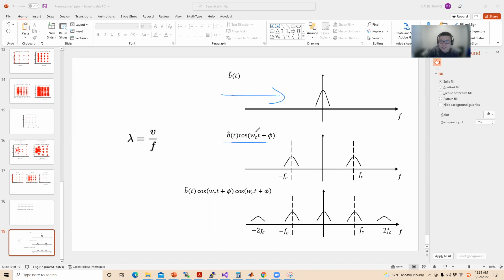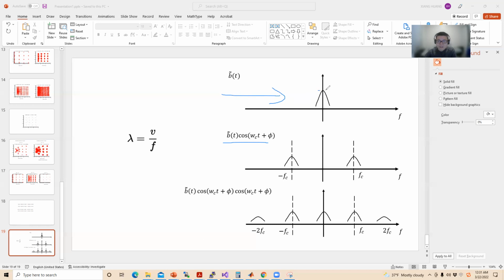Since you have learned the Fourier transform of the cosine function, the cosine function will shift the frequency representation of the signal to the left and to the right by F. So here F is the FC, and there will be two peaks here.